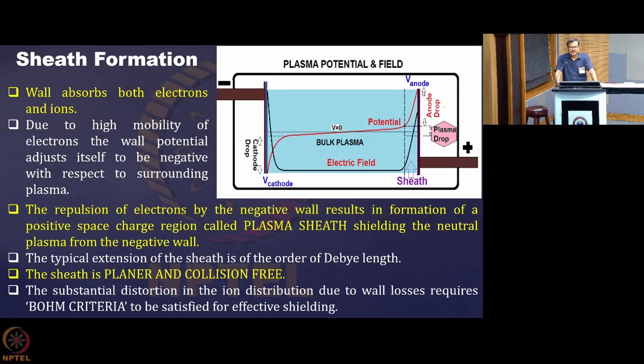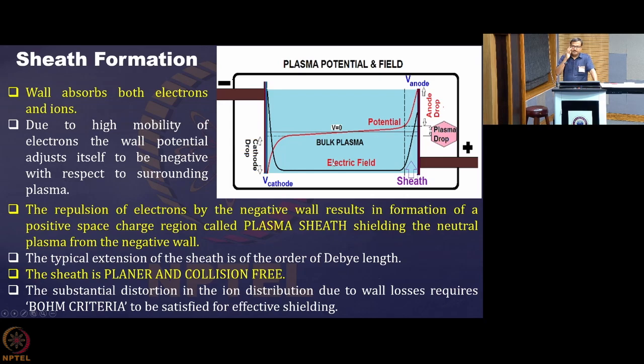So, this much we did in our previous class, and when we apply a potential difference between the cathode and the anode, the bulk plasma mostly remains field free. A small drop is there, this is the plasma drop, and most of the drop occurs in the sheath regions.